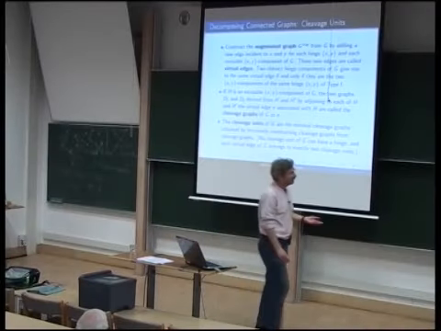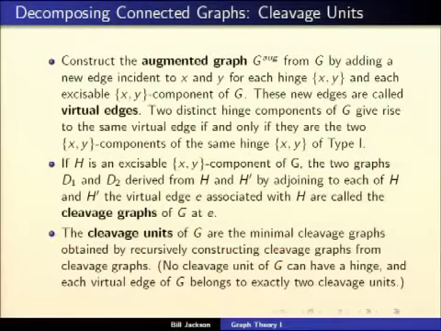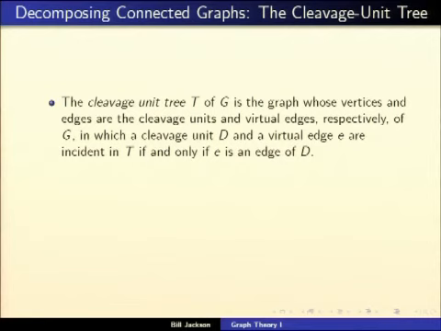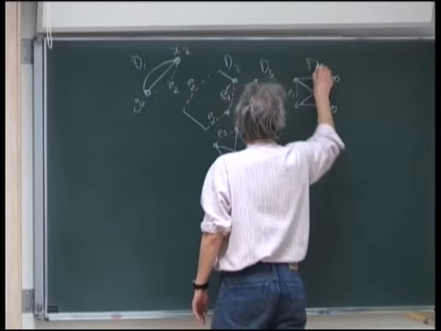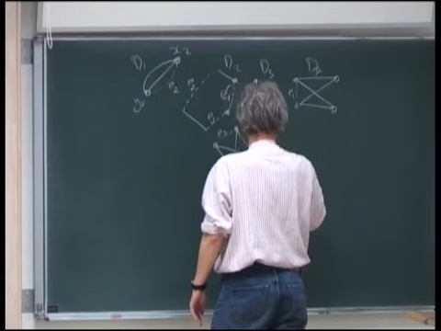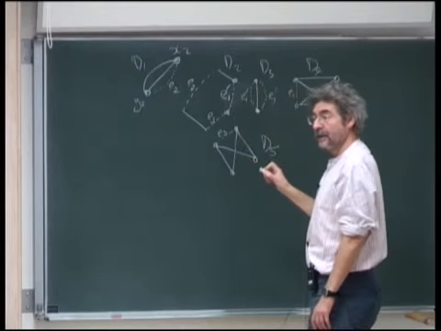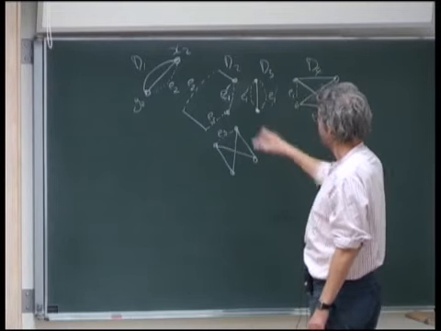So the tree structure is obvious. The cleavage unit tree we get: the vertices of the cleavage unit tree are the cleavage units, and the edges of the cleavage unit tree are the virtual edges.